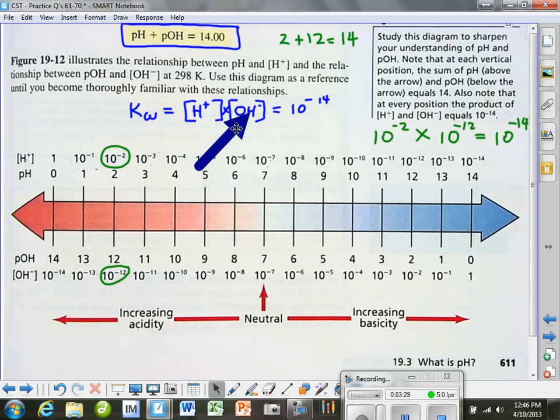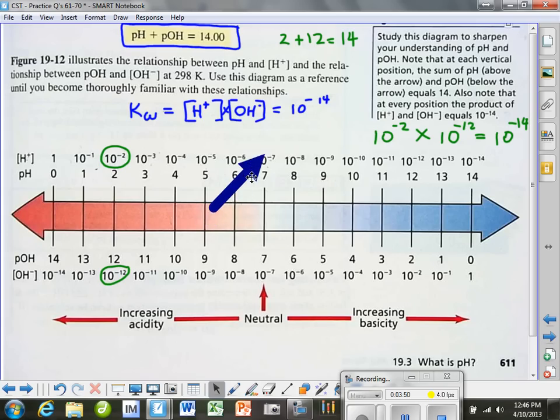So the hydroxide ion concentration times the hydrogen ion concentration is what we're seeing here and here. When we multiply powers of 10, we add the exponents. And adding these makes them come out to a minus 14, as it should.